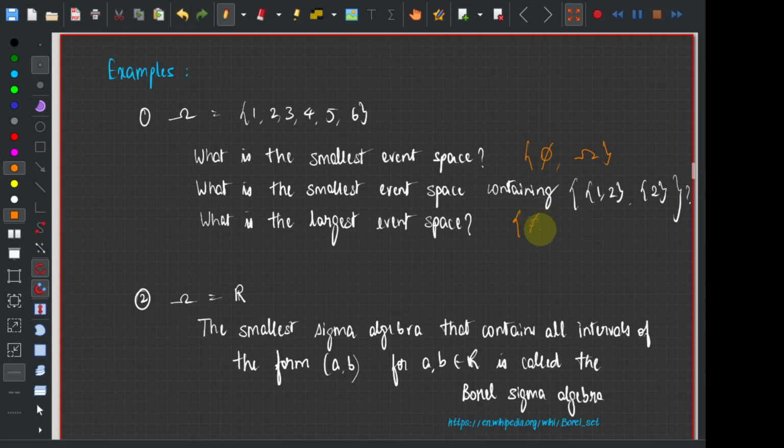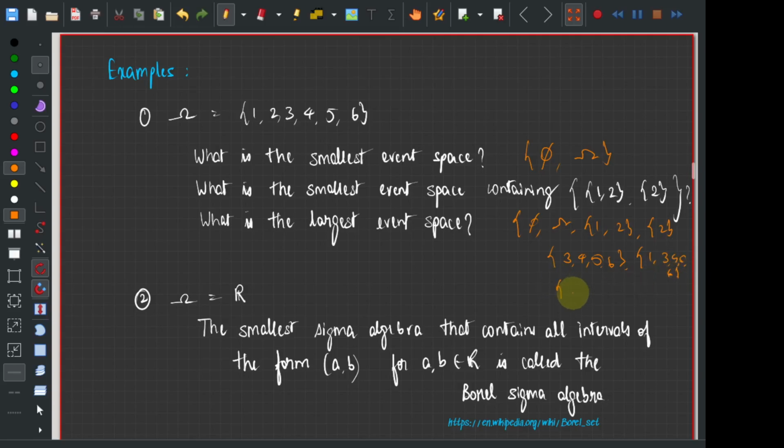So you need the empty set, you need omega, and of course you need these two sets, 1, 2, and 2. What else do we need? 3, 4, 5. Okay, we need the complements of both. So we need 1, 3, 4, 5, 6.